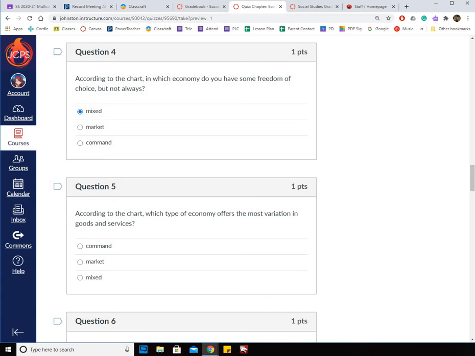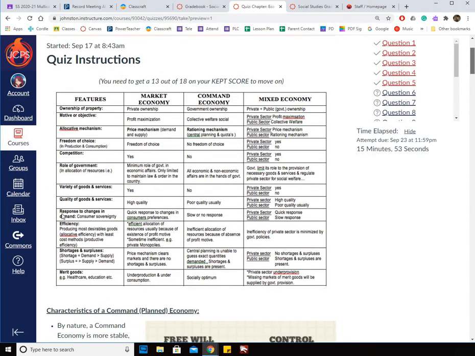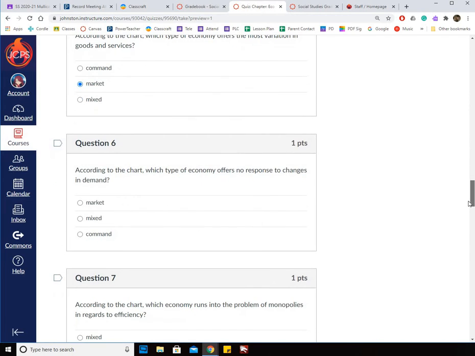Put a number in front of that. So again, you'd go up and look at variety of goods and services. So yes, no, and here's like yes, no. For mixed, I mean, it's a mixture of market and command, so it's always going to be a little bit of both.